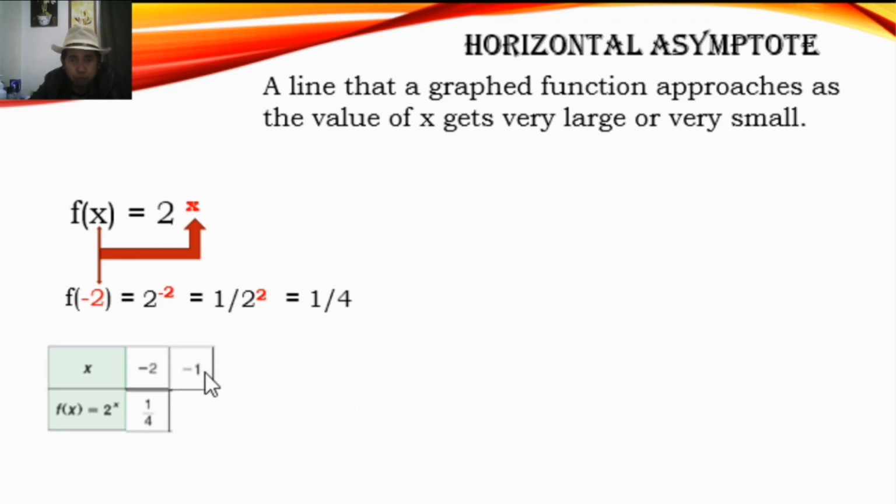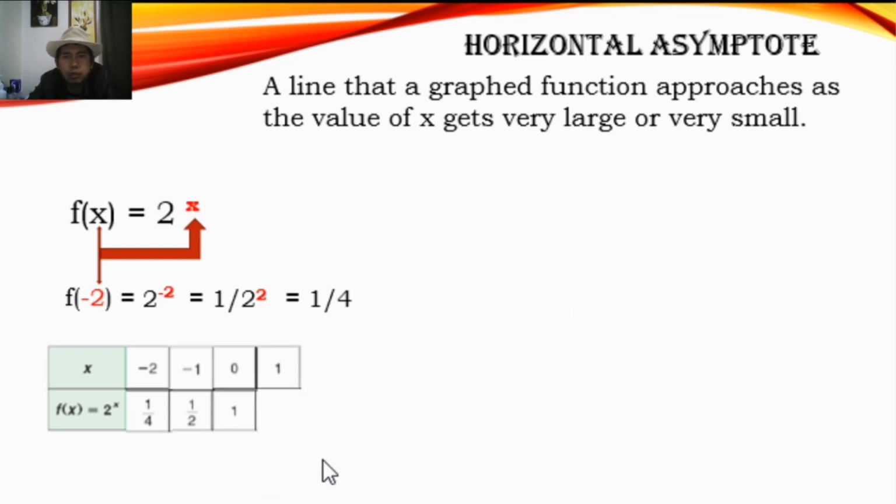My result would be replacing this one, f of negative 1 is equal to 2 raised to negative 1. It will give me a result of 1/2. What about if my x is 0? According to the law of exponents, any number raised to 0 is always 1.